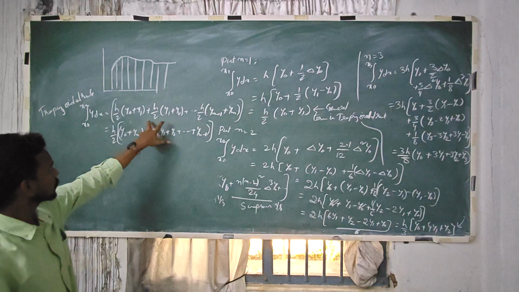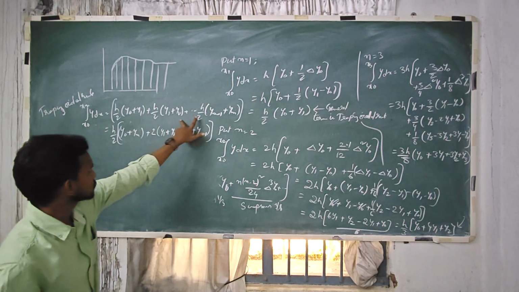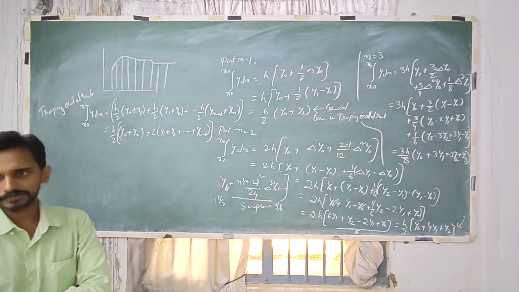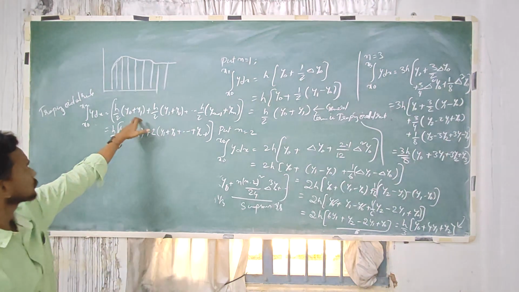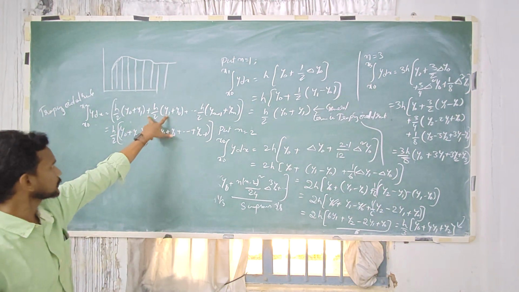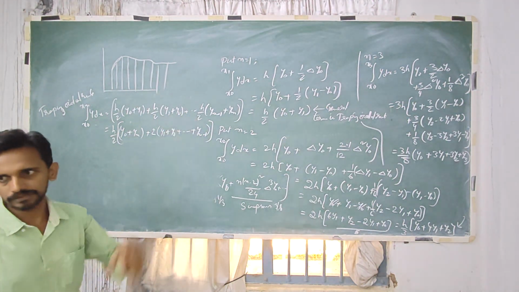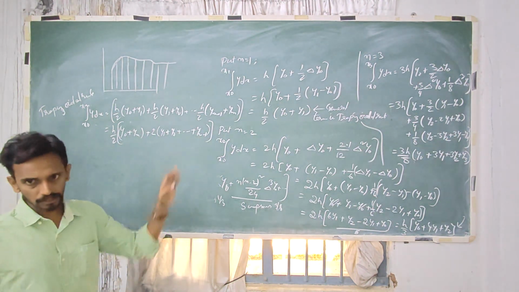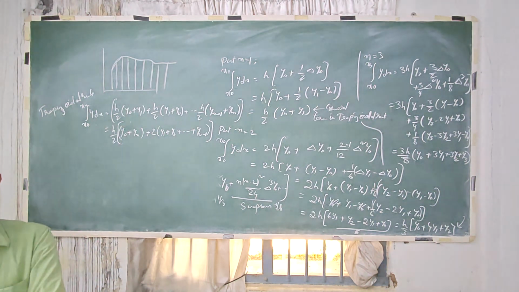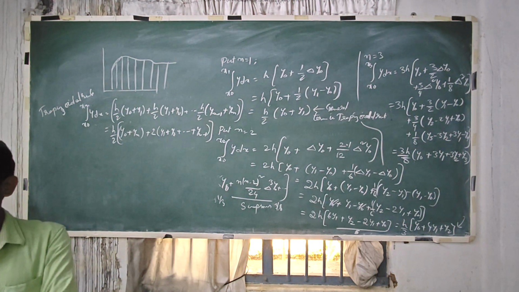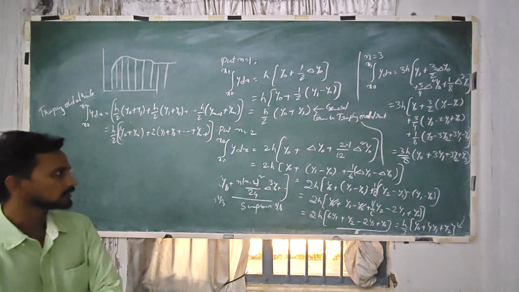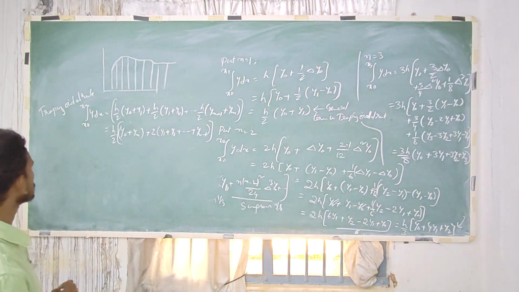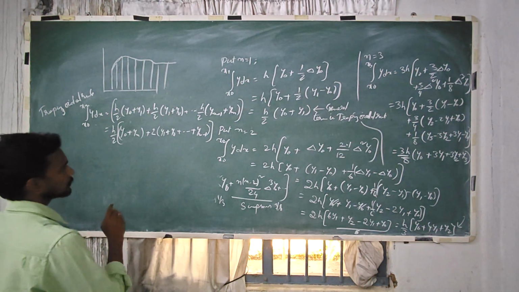Except for the first and last terms, all other terms will be repeated twice. So y1 comes twice, y2 comes twice. That is the total trapezoidal rule equation.